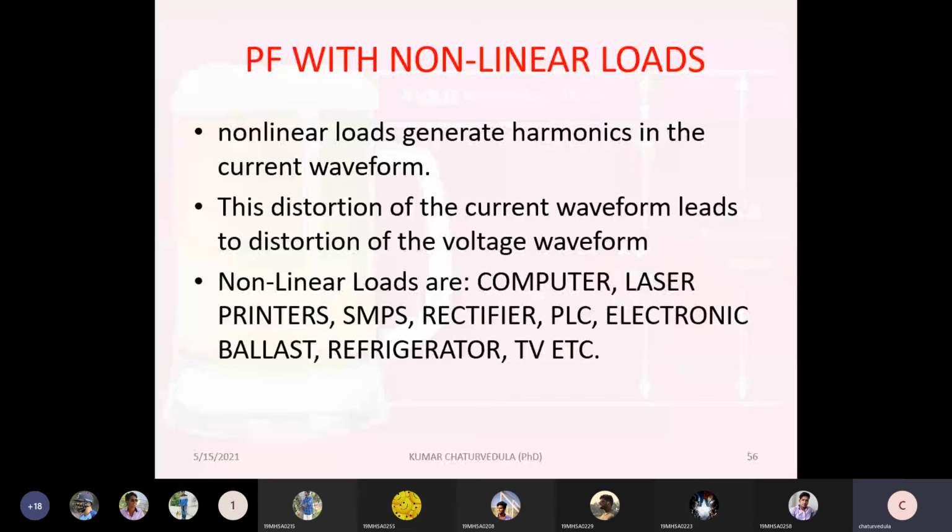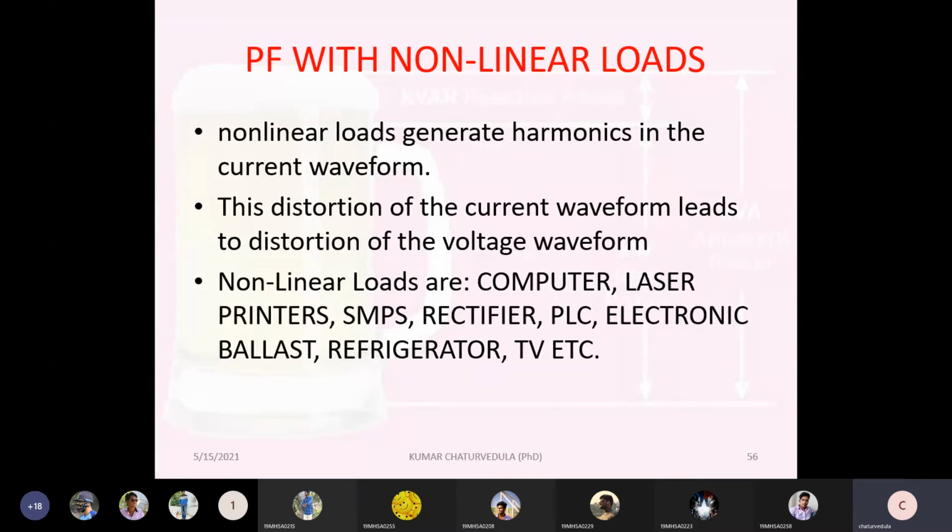Harmonics are mostly caused by the use of computers, laser printers, electronic ballasts, refrigerators, TVs, SMPS, etc. These are the non-linear loads which cause harmonics.